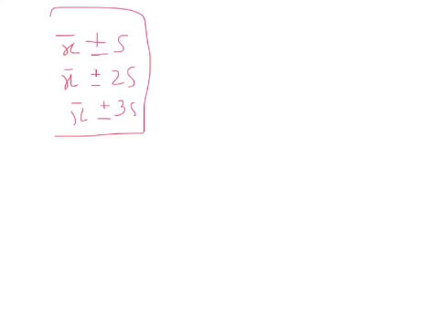Remember how for a single sample, when we applied the empirical rule the first time, we said x bar plus or minus s, x bar plus or minus 2s, x bar plus or minus 3s. But this time we're more interested in the sampling distribution.